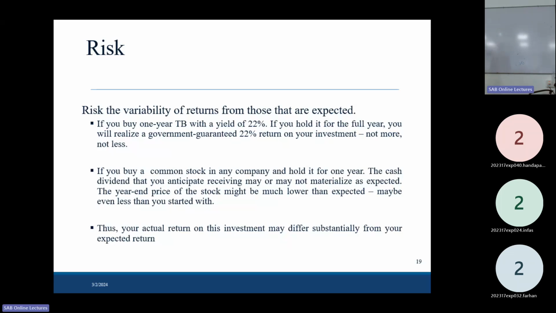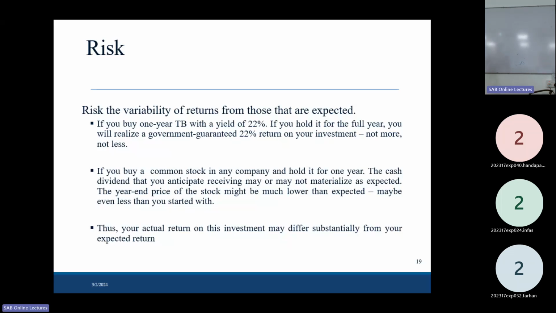If you buy common shares or the equity ordinary shares of a company and you hold it for 1 year, the cash dividend that you expected, that you forecasted when you are doing the investment today, you are forecasting by looking at the past historical dividend payments, company profiles, company performance. You are forecasting your expected dividend because you are investing for a certain period. So during this period, you expect dividends like this. But the dividends that you expected may or may not materialize as you expected.